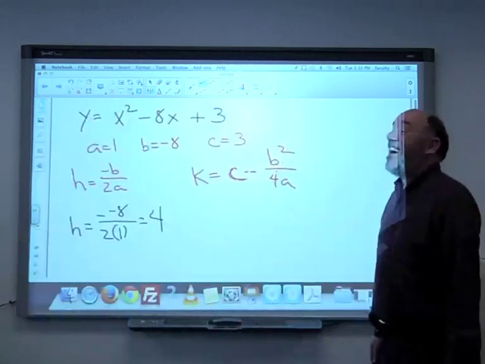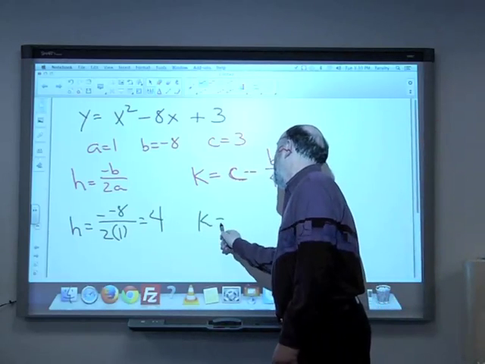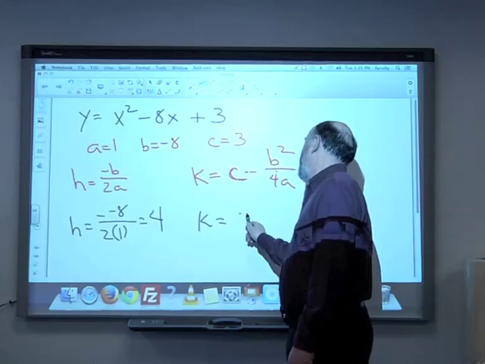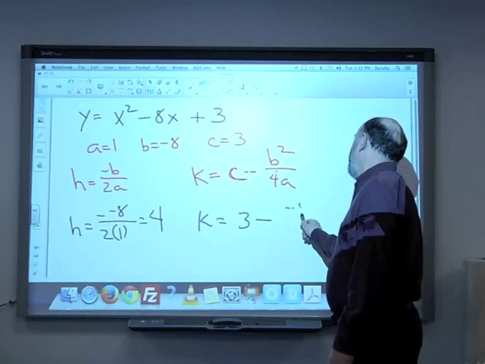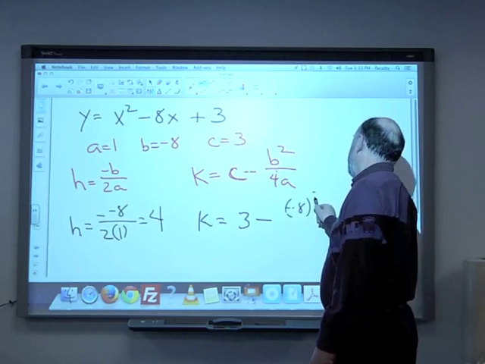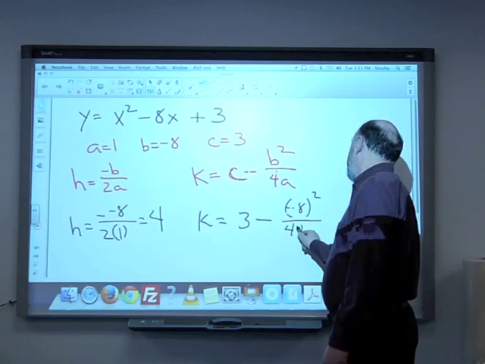Now we want to get the value of K. So this is going to be 3 minus the minus 8 squared over 4 times 1.